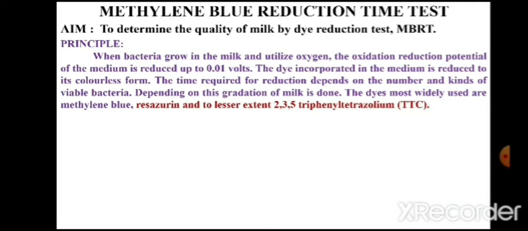So when a substance loses electrons, it undergoes oxidation. Whenever a substance gains an electron, it undergoes reduction. So this definition is related to loss and gain of electrons.